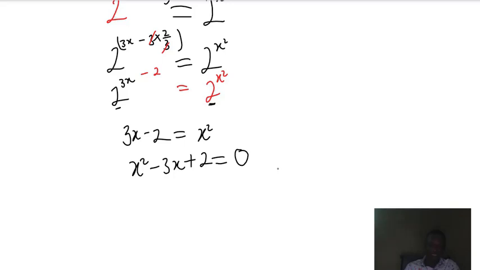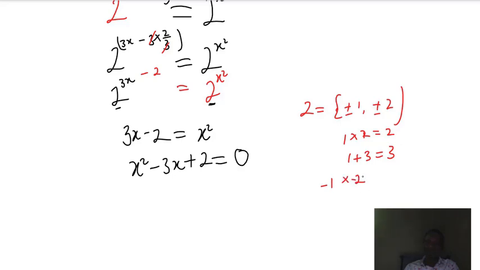The possible answers: we look for the factors of 2, and it's going to be plus or minus 1, then plus or minus 2. Positive 1 times 2 will give us positive 2, but 1 plus 2 will not give us negative 3. So negative 1 times negative 2 will give us positive 2, and negative 1 plus negative 2 will give us negative 3.